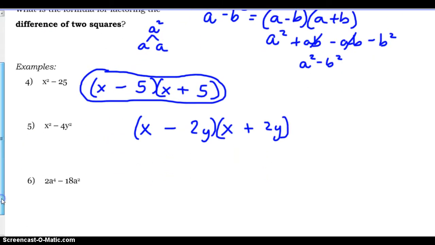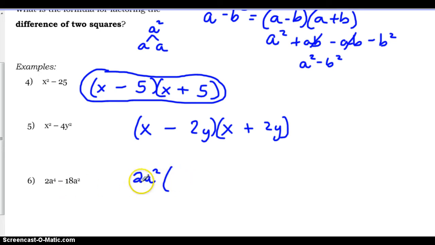Our last one, number 6, is bringing back the knowledge that you have to factor out a greatest common factor. If we look at number 6, we would factor out 2a squared first, because they both have a common factor of 2 and a common factor of a squared.